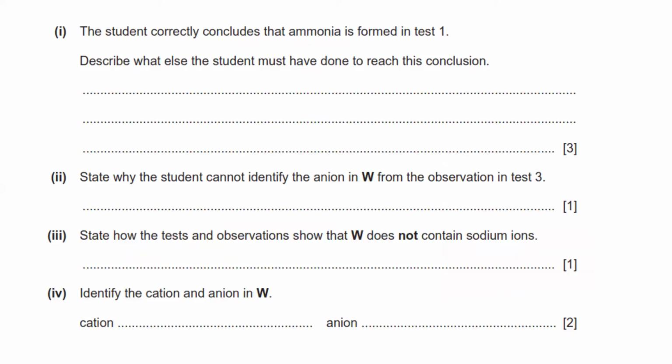So the student correctly concludes that ammonia is formed in test 1. Describe what else the student must have done to reach this conclusion. So number 1, what have they done? So add a piece of aluminum and warm the mixture in the test tube.